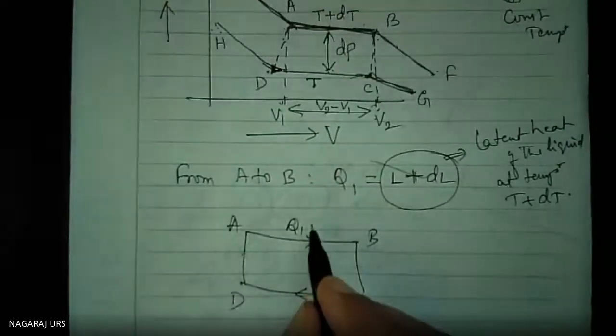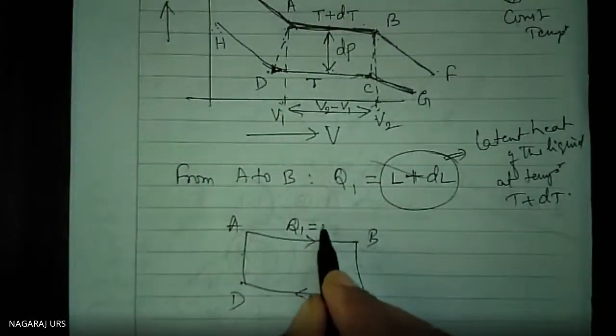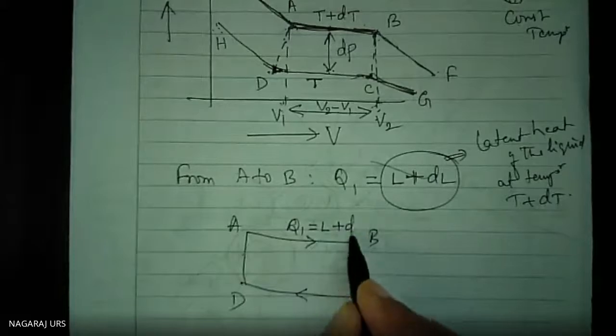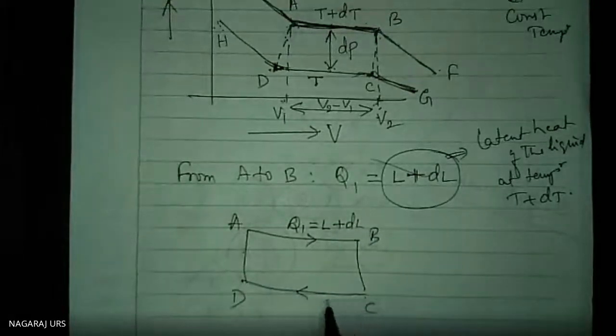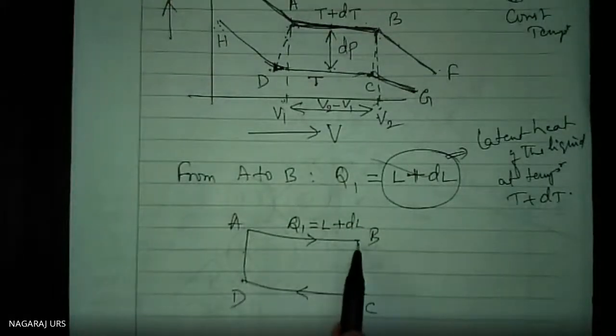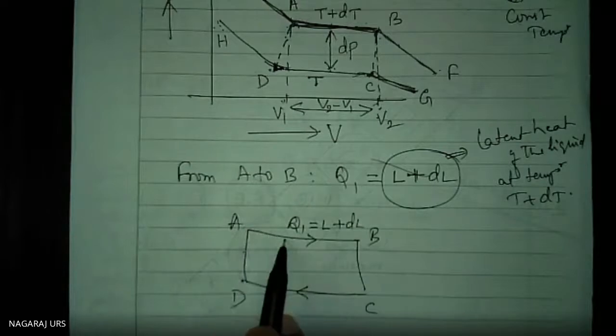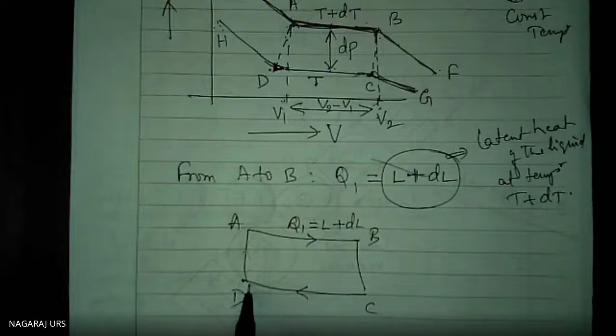From A to B, whatever heat energy is absorbed is equal to L plus dL. From C to D, the vapor is converting back in the form of liquid.